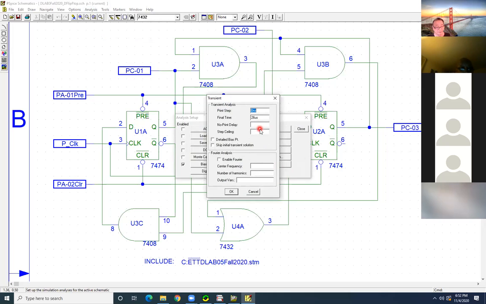The thing is, you get the 15 ticks, and each tick will be 2 microseconds, not 1. Now I can run and you can see.